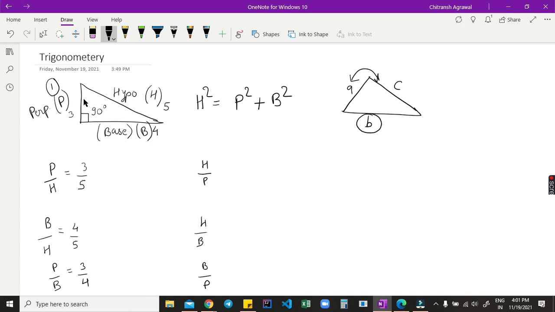When trigonometry starts, these ratios are given a specific definition based on the angle which is there. Suppose this angle is say 37 degrees and this is 63 degrees. So these ratios can be linked to this angle. So this we call sin of 37 degrees.